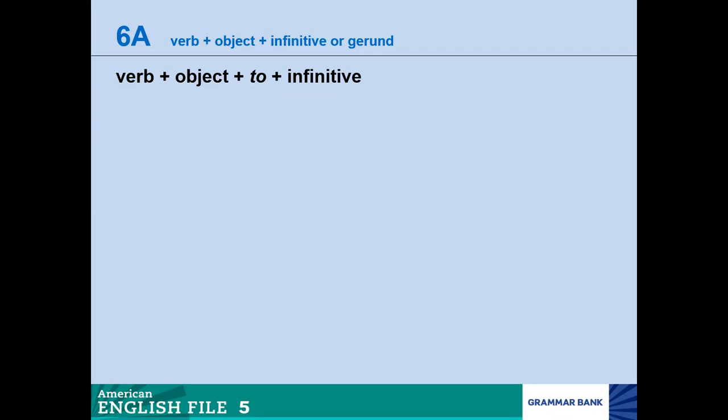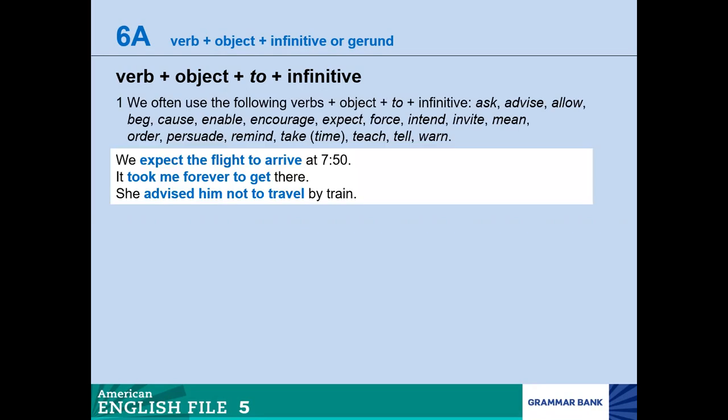This one: verb plus object plus to infinitive. All right. We often use the following verbs plus object plus to plus infinitive.